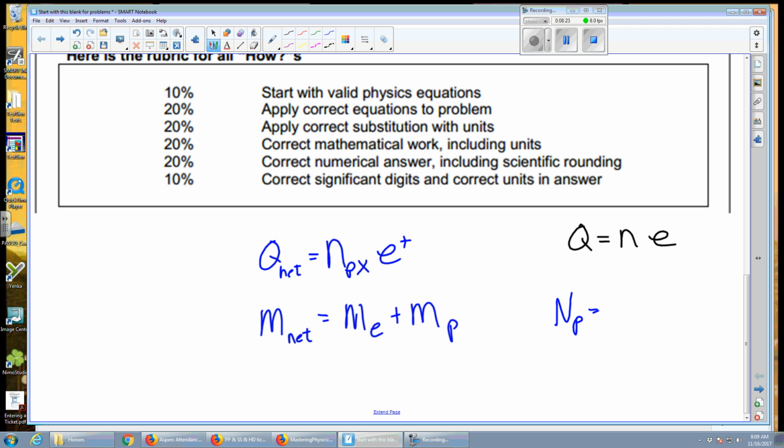So if you had 15 protons and 10 electrons, 10 of those protons are going to have a partner, 5 are not, and it's those 5 that would cause the net charge.